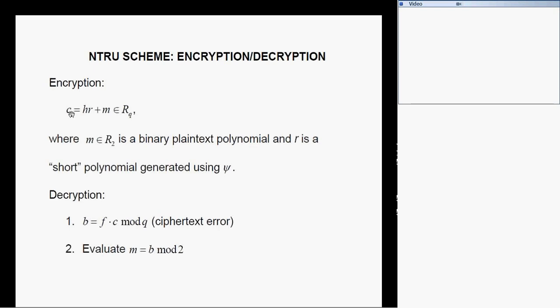That term will be used a lot, and the analysis of correctness of lattice crypto schemes will be based on analyzing this ciphertext error. A very interesting concept that you won't see in other public key cryptographies.